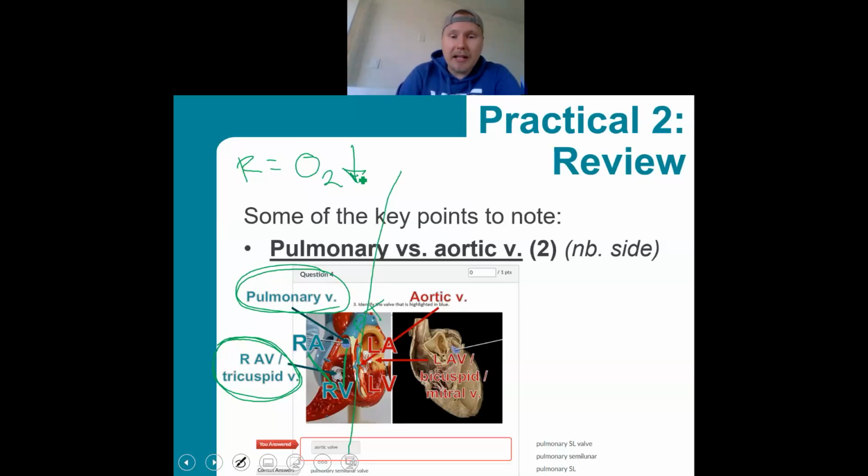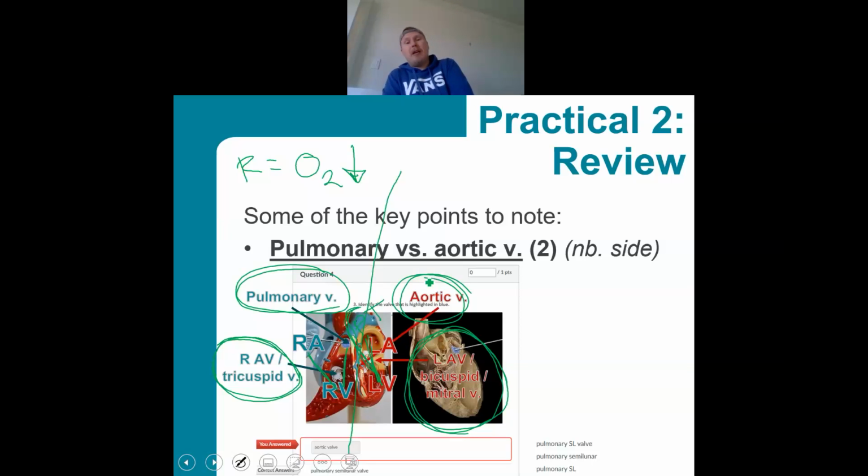Then let's have a look at the left side. So left atrium to left ventricle, blood has to go through the left AV valve, which is sometimes known as the bicuspid valve, so 2 cusps, 2 leaflets on that valve, or mitral valve. And from the left ventricle to the aorta, we go through the aortic valve.